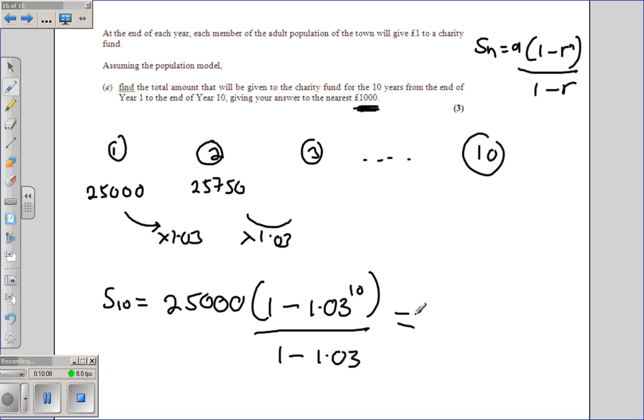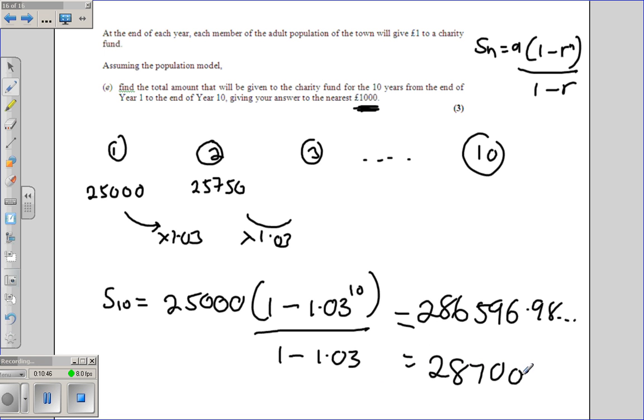It may take me a while. 25,000 multiplied by 1 subtract 1.03 to the power of 10 is that number, divided by 1 subtract 1.03, and we get 296,596.98, blah blah blah, to the nearest thousand. That's going to be £297,000. Completed.